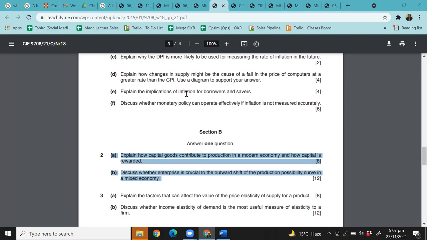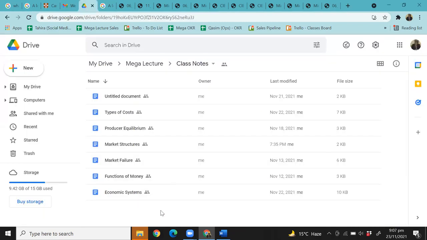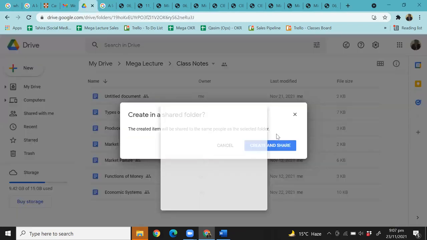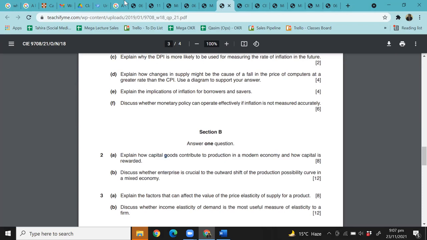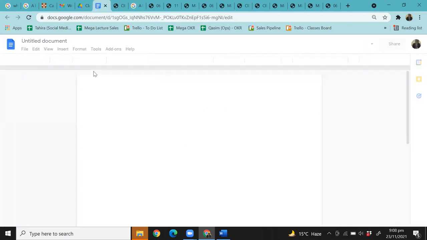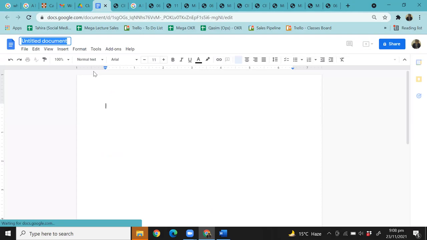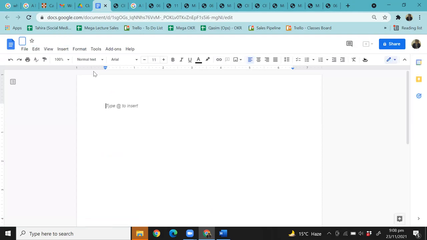Okay. Now here's the first question, students. Let me open my notes alongside. I've shared all the notes with you. So we can bring these two together. This is economics unit 1.